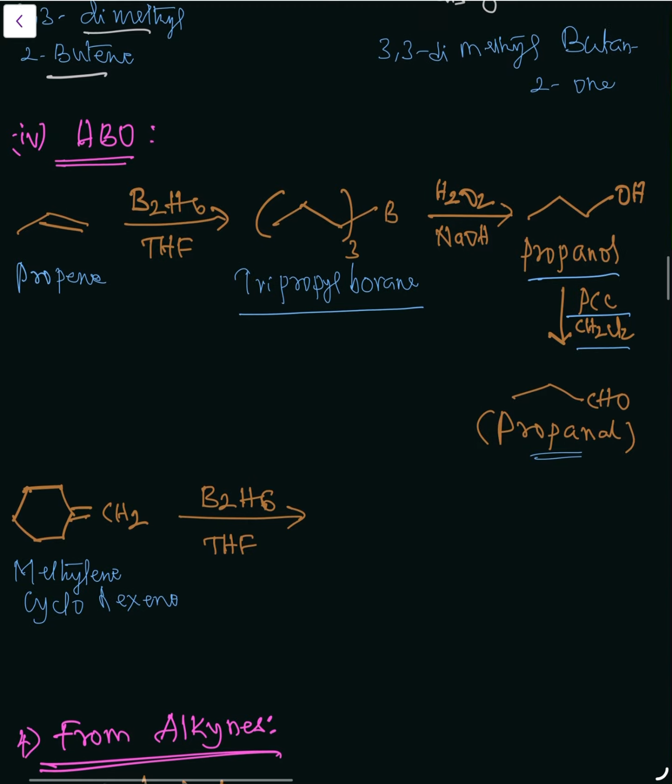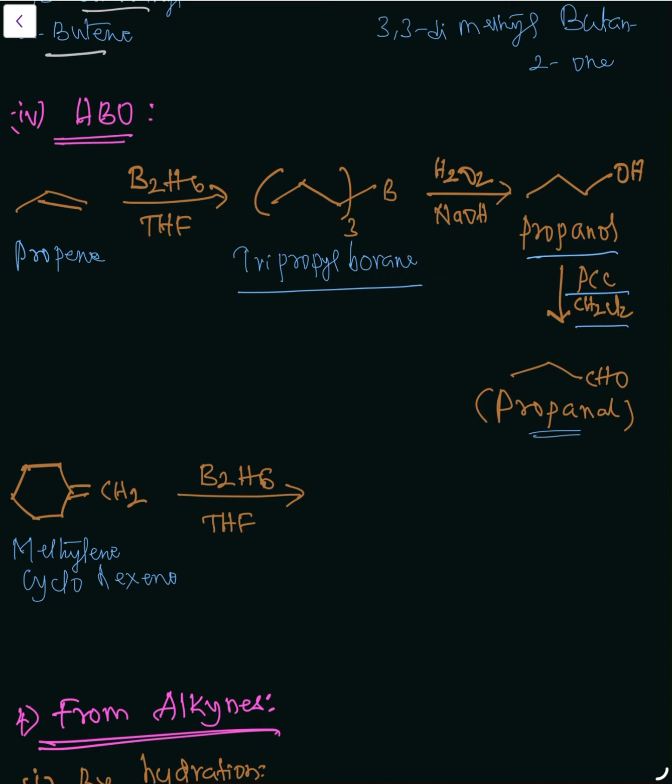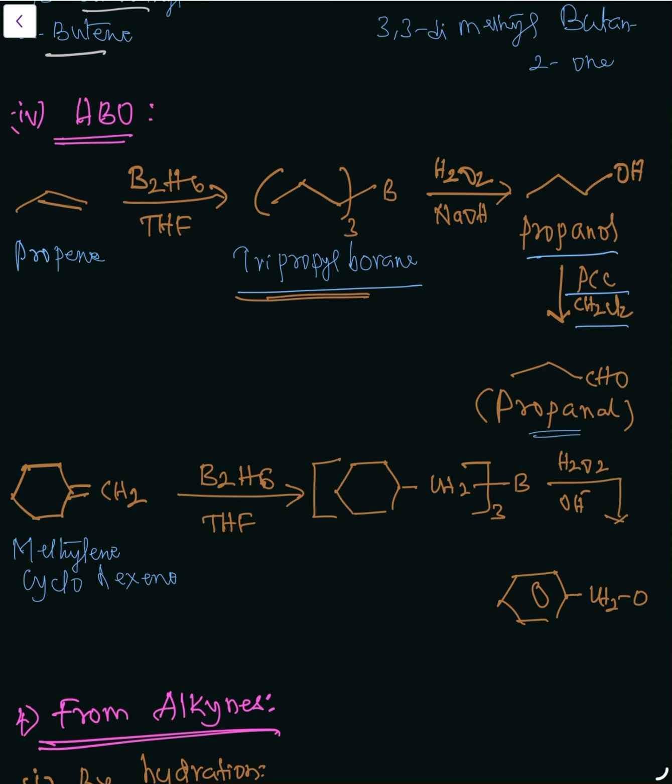In the same way, here one compound is given. That compound, methylenecyclohexane, when it reacts with B2H6 in the presence of tetrahydrofuran, we know this is converted to CH2, how many moles? 3 moles, B, same as in the previous compound, which on reaction with H2O2, that is oxidation in the presence of a base NaOH, is converted to alcohol, that is CH2OH.